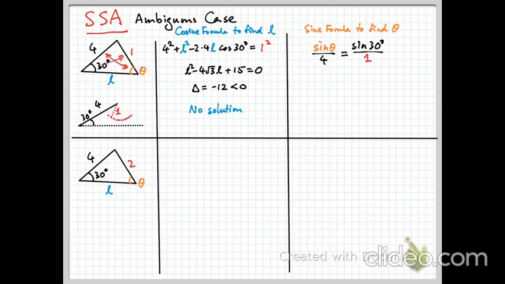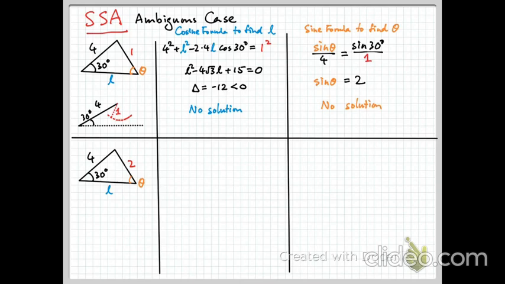So we have sine theta equals 2. Now that's funny, because we know sine theta only lies between 1 and minus 1. So sine theta cannot be true. This will also tell us that there's no solution for theta.